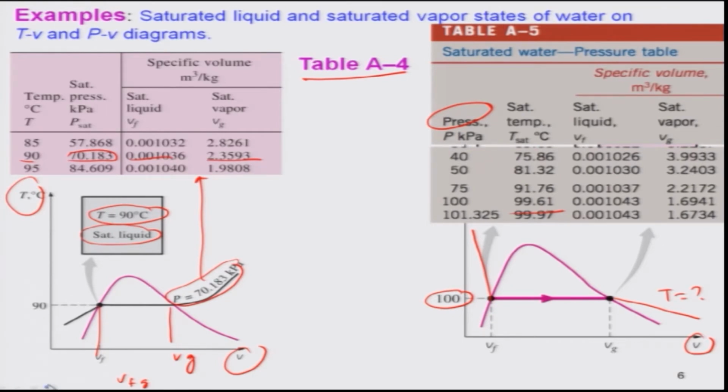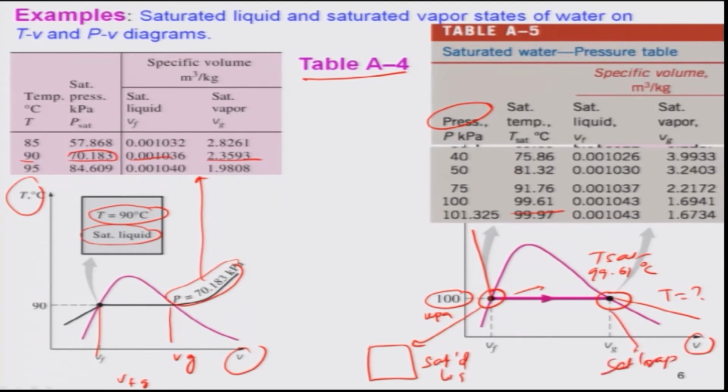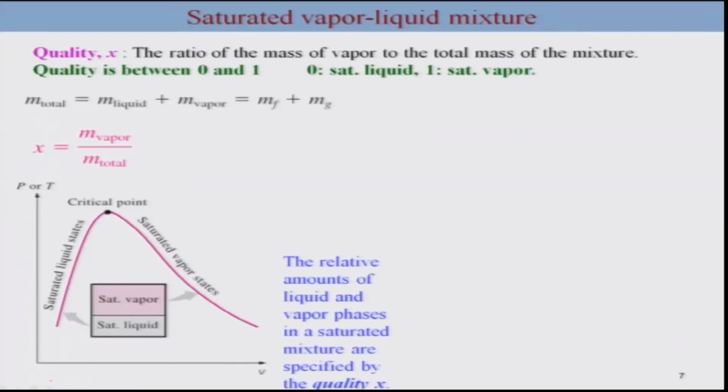So for the case of this, in principle, this is your 100 kilopascal, and the corresponding temperature here would be your 99.61 degrees Celsius. Okay, so that would be your Tsat here, okay, and this corresponding state would be your saturated liquid, and this would be your saturated vapor, okay. Okay, all right. So let us try to further analyze this.